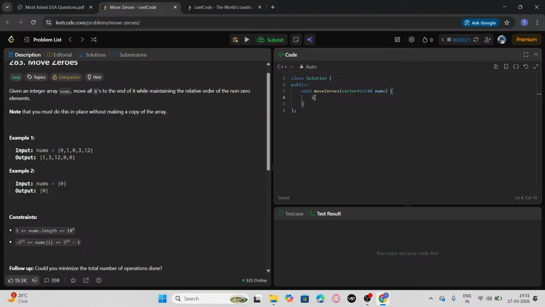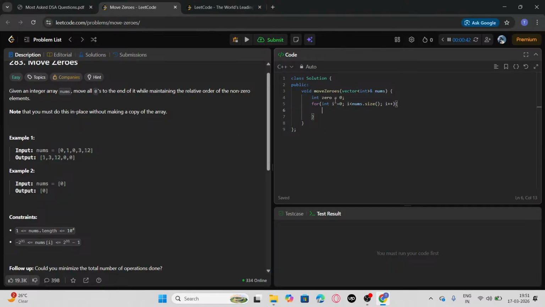Alright, let's say we have an int zero equal to 0, for int i equal to 0, i less than nums.size(), i plus plus. So what is my approach going to be?